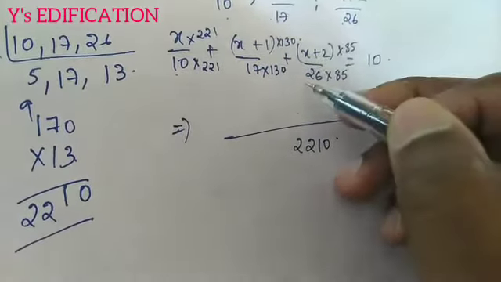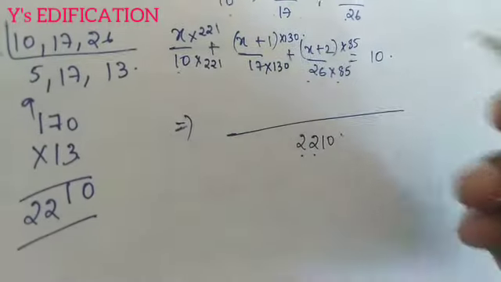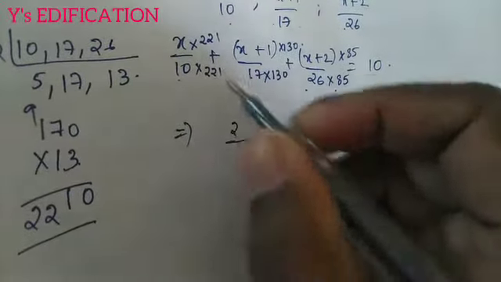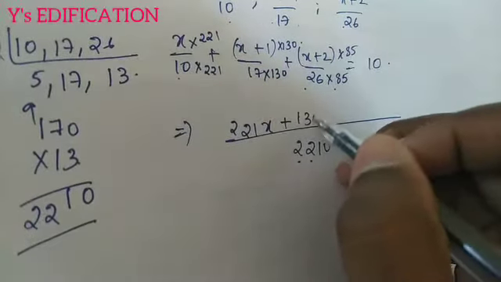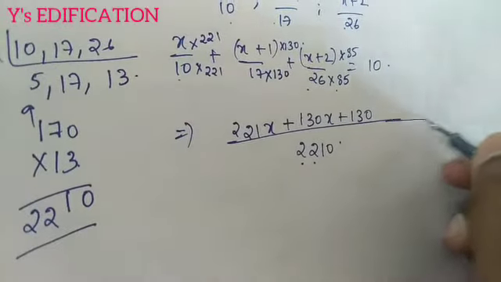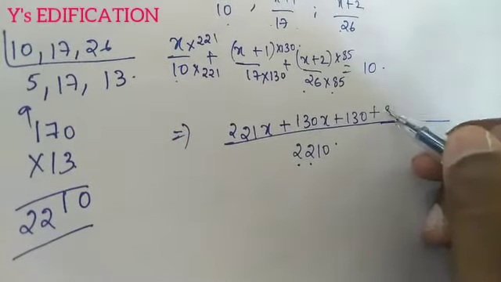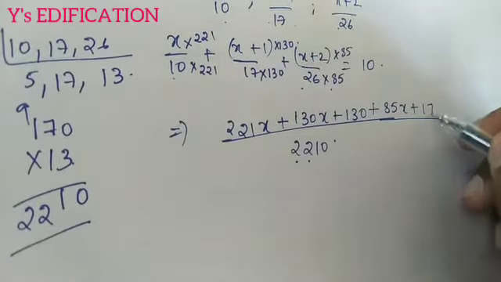Because when you multiply 26 into 85, the answer is 2210. Okay. Now 221 into x plus 130 into x is 130x plus 130 into 1 is 130 plus 85 into x is 85x plus 85 into 2 is 170.